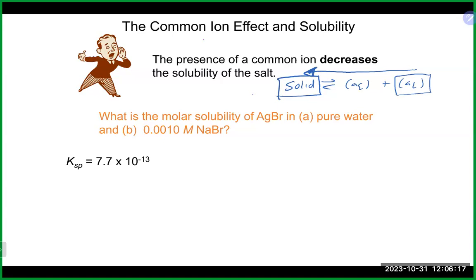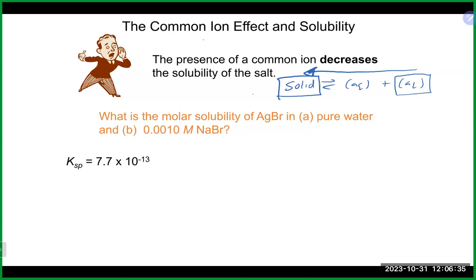So much like how a common ion keeps a weak acid and weak base together, instead of allowing it to break apart, the presence of a common ion here with our KSP will do a similar thing. It will actually keep that solid together.